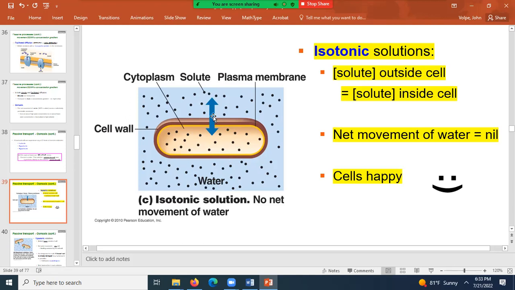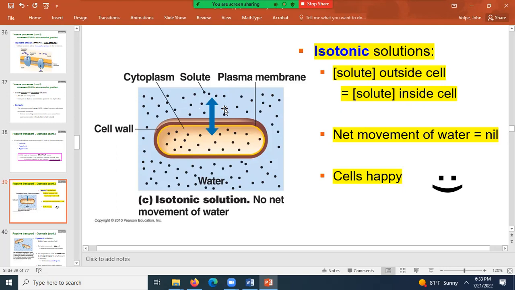Any questions about any of that? All right. Now it's important to realize that I'm talking about water and the movement of water either into or out of the cell, but the tonicity is not defined by the concentration of the water. It's defined by the concentration of the solute.